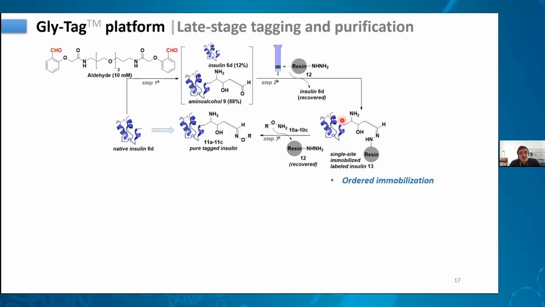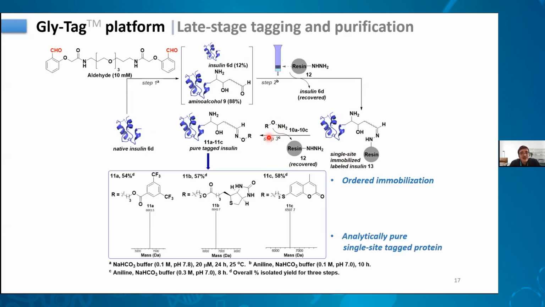Now, this can be stored pretty conveniently, but what you can also do is take it into 3 different tubes and treat it with the hydroxylamine derivative of various probes of your interest, which will allow you to do transoximization and install the probes, and the spin centrifugation would release and give you the analytically pure single site tagged proteins.